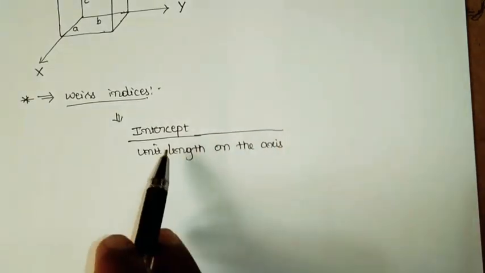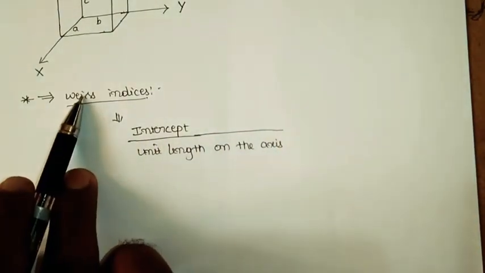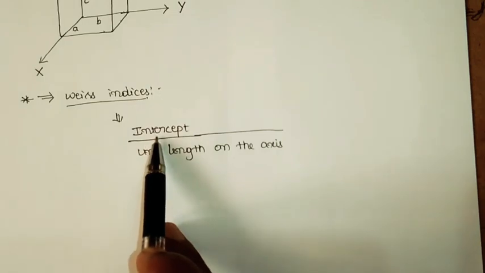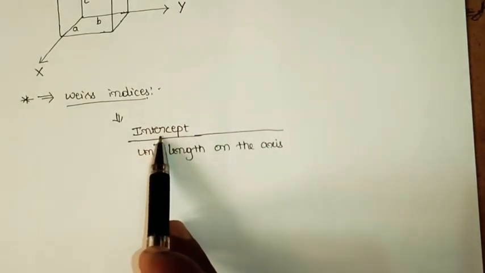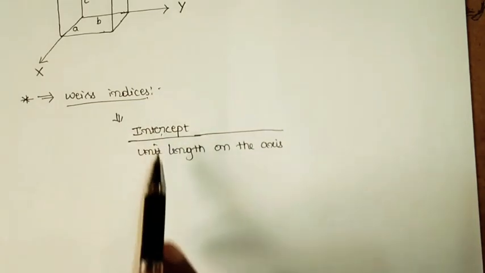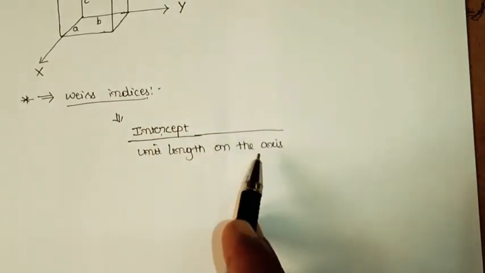That is the simple way of defining the term Weiss indices. That is, it is the ratio of the intercept made by the plane to the unit length on the axis.